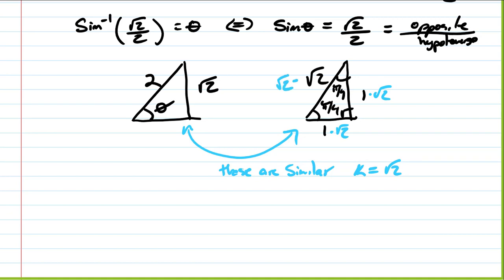So then theta has to be pi divided by 4. So the inverse sine of the square root of 2 over 2 is equal to pi divided by 4.